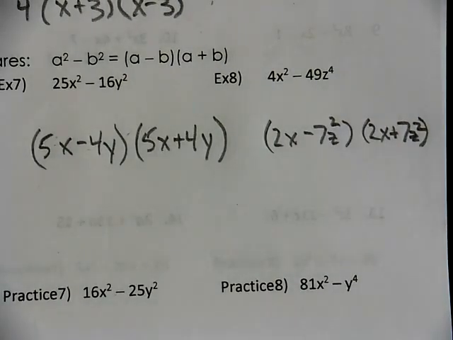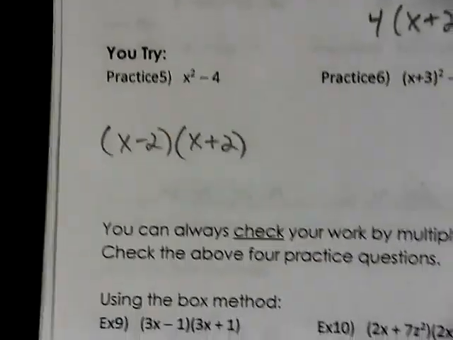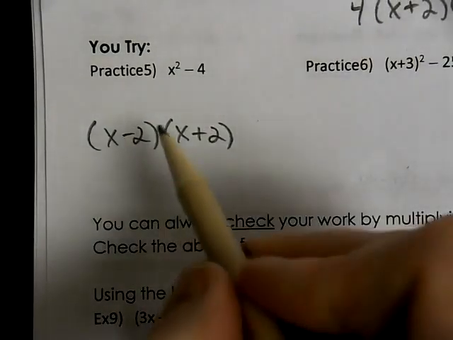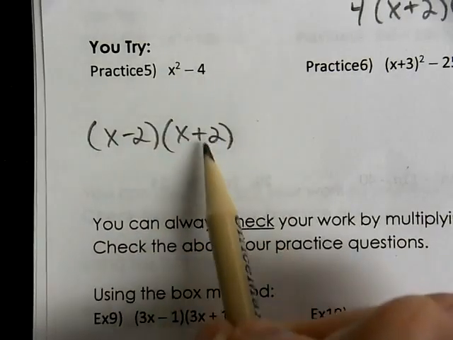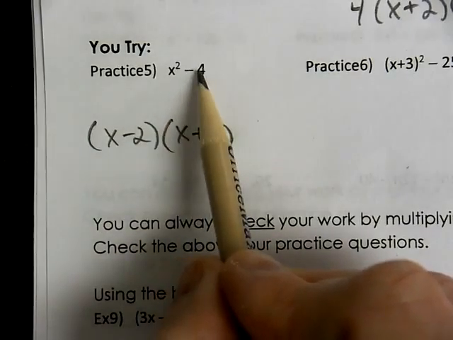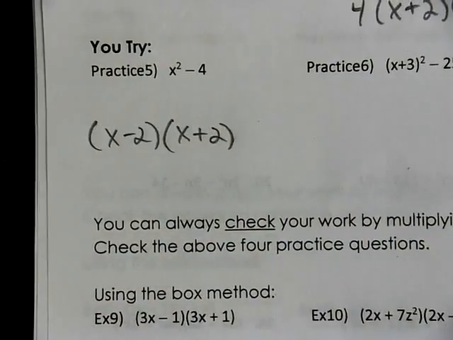Now pause the video and work on the next 4. Okay, for the ones you just practiced, number 5, take the square root of x squared and the square root of 4.